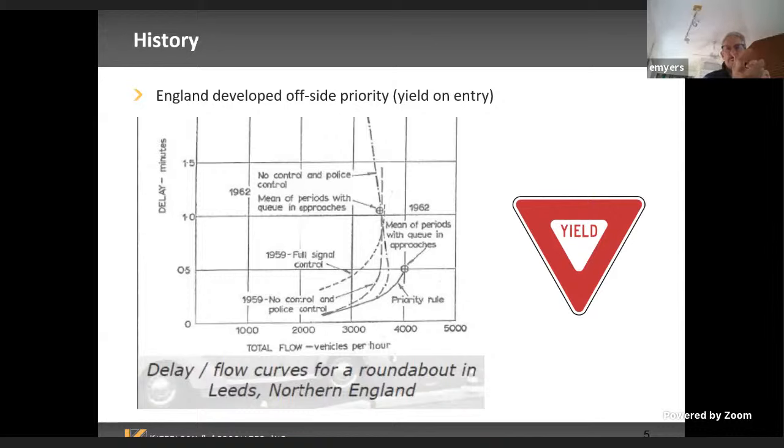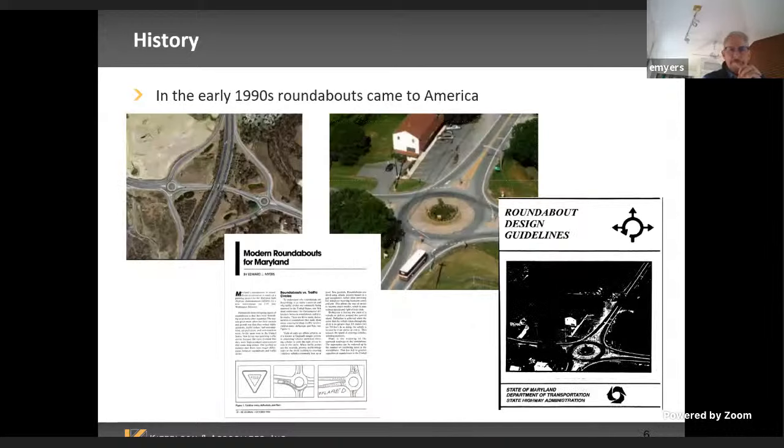So it was that one switch from onside to offside priority that really set the modern roundabout world in place. So that was 1966. It wasn't until the 80s that roundabouts came to the rest of Europe and Australia. And then, like I said, in the early 90s to the US. So it still took a long time.